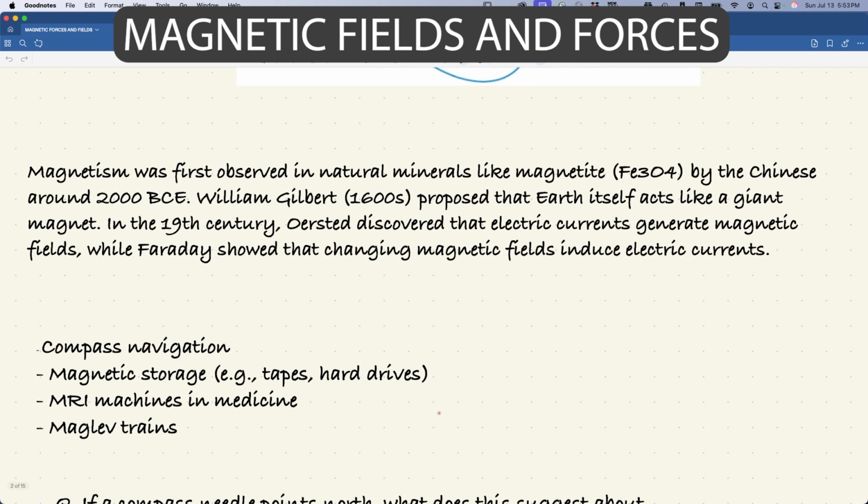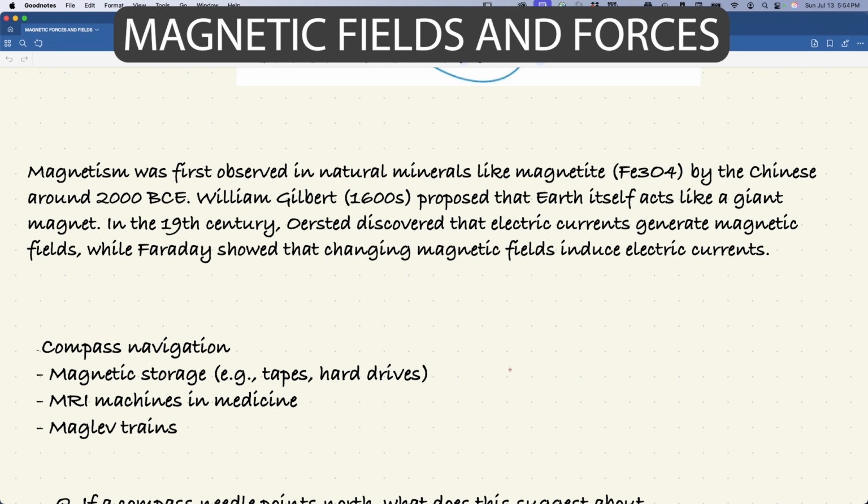But magnetism has a lot of practical applications, using a compass for navigation, and then hard drives and tapes where data is stored magnetically. By the way, you know for sure that compact discs and DVDs store data in an optical format.